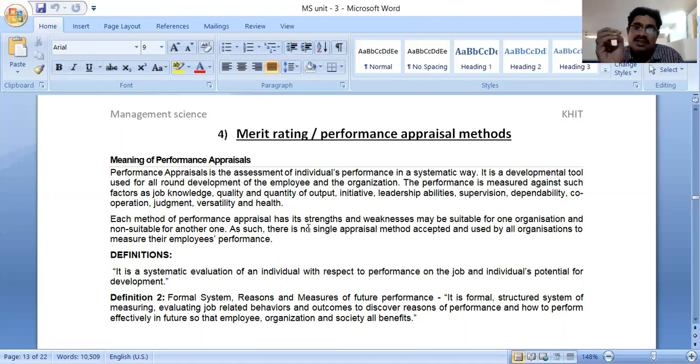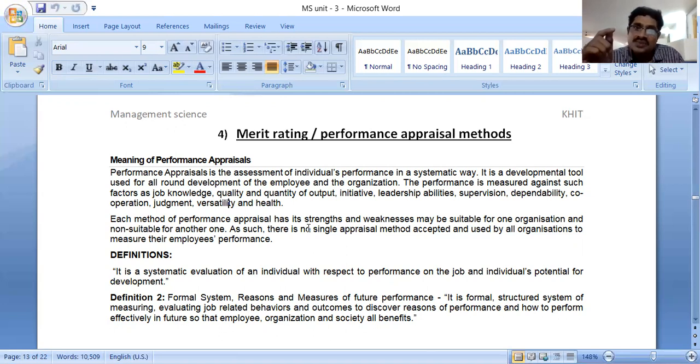This performance appraisal will be performed and checked by the immediate supervisor, the immediate higher authority. Suppose we take the example of a clerk. The clerk's performance is checked by his accounting officer. The accounting officer's performance is checked by the account section junior manager. The junior manager's performance is checked by his higher authority, the accounting senior manager.